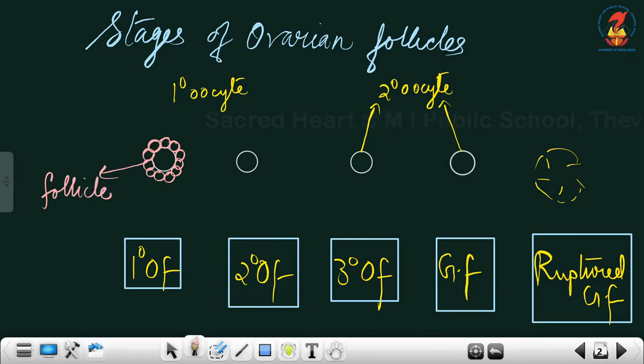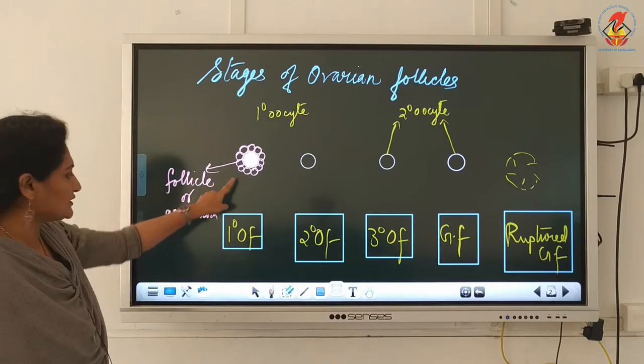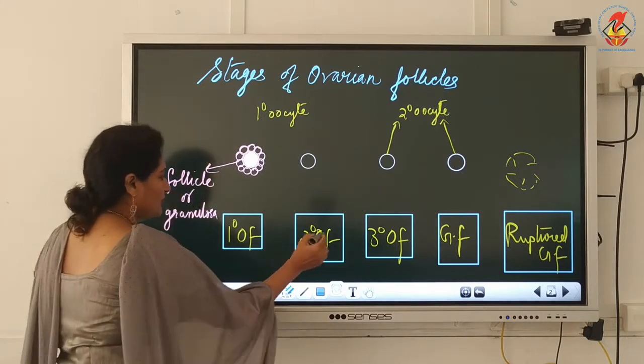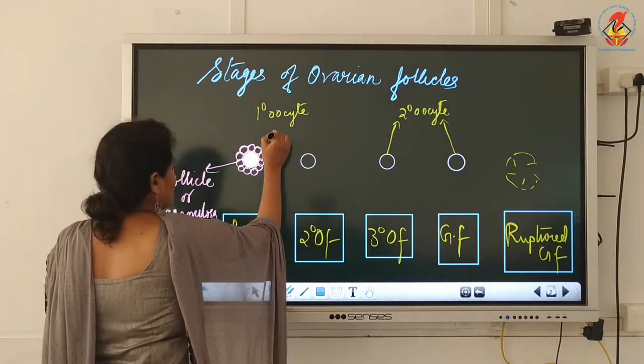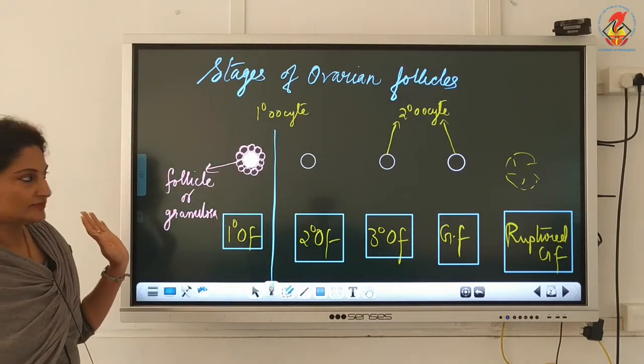Follicle cells or granulosa. And in the center, what is present? As I told you, it's a primary oocyte. So this is the structure of a primary ovarian follicle. Clear?